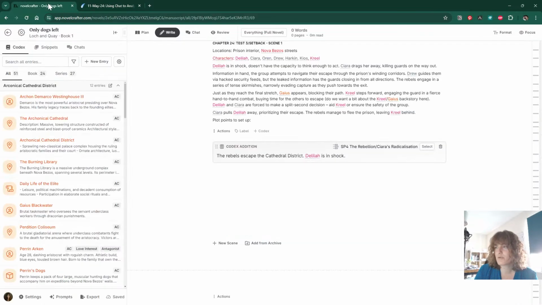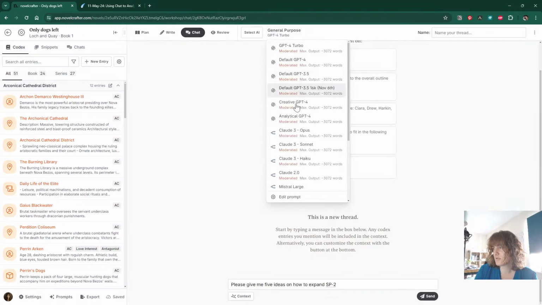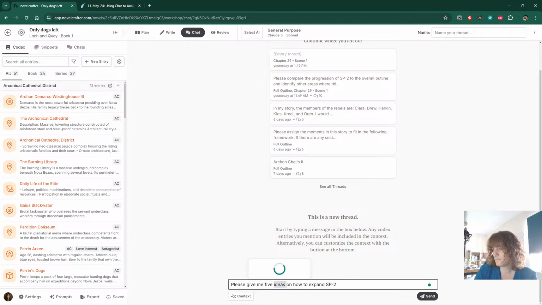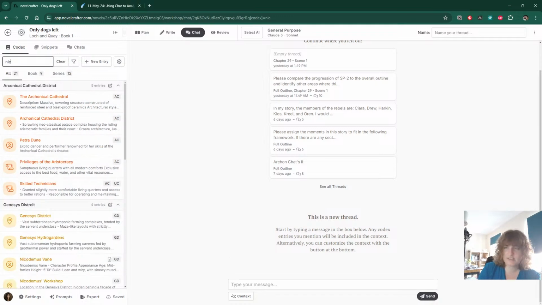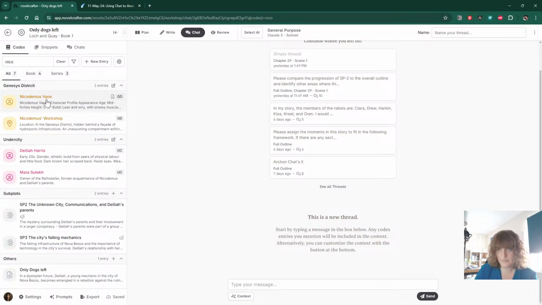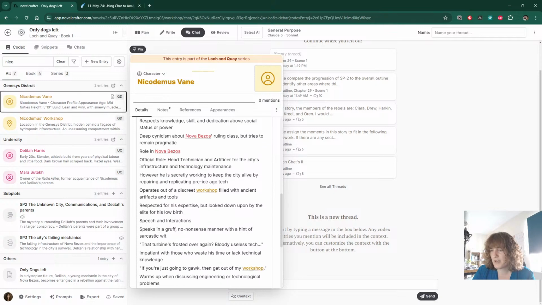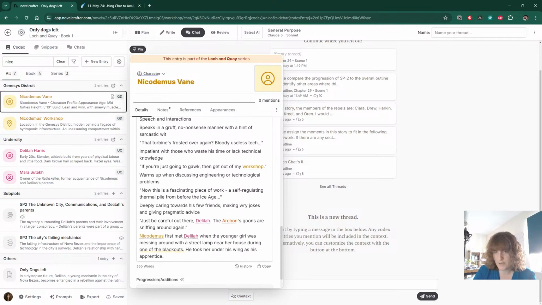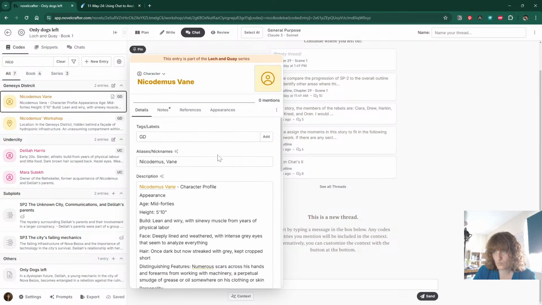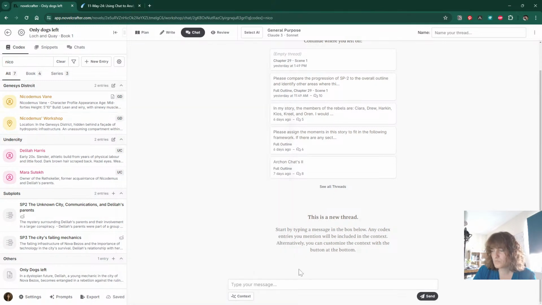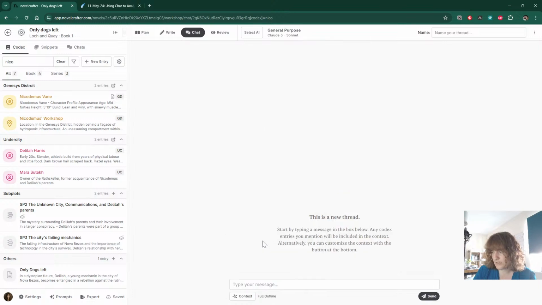So I'm going to go into chat. I tend to default to using Sonnet just because it's a good balance between things. I don't think I'm going to ask chat to be Nicodemus. I want to just play around with him as context, I think. So I'm going to use the context of the full novel outline.